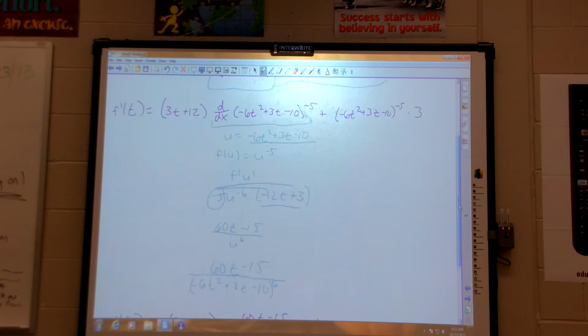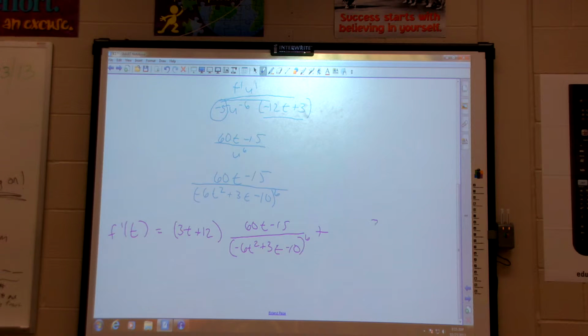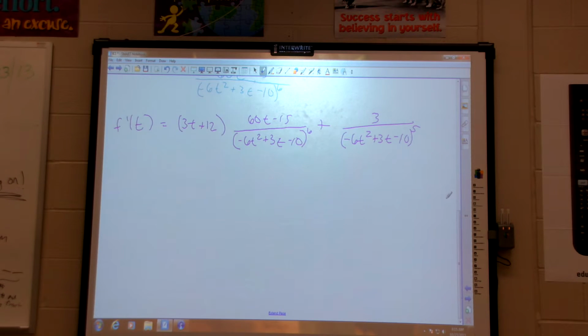Plus, can I go ahead and clean this second half up? 3 stays up. This goes back down. We're getting there. We still have a ways to go. Because this cleans up. And the more you do these, you will see how easy it is. You'll get the hang of how to clean up.